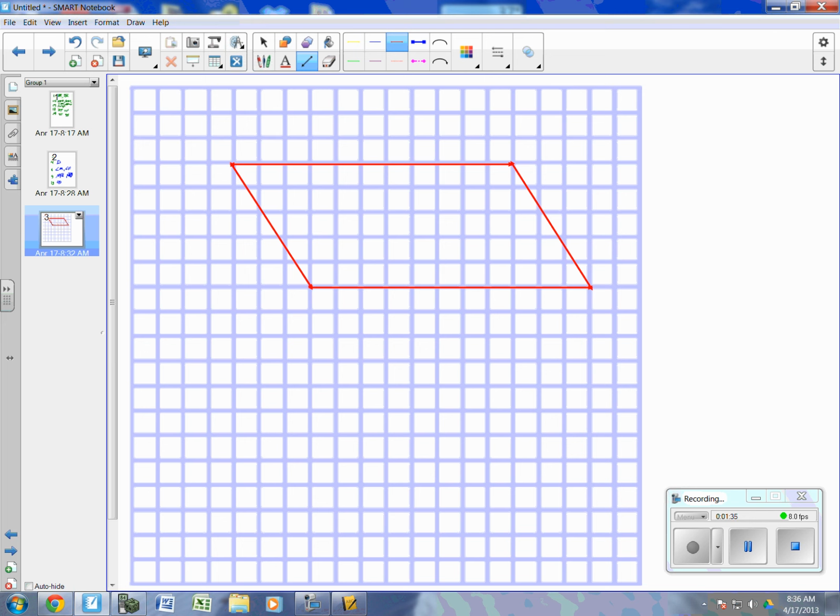Are we having trouble with this? Go ahead and draw another one. You got plenty of room on there. You don't need an eraser. Just draw off the side right there. Draw one that is not rectangular.